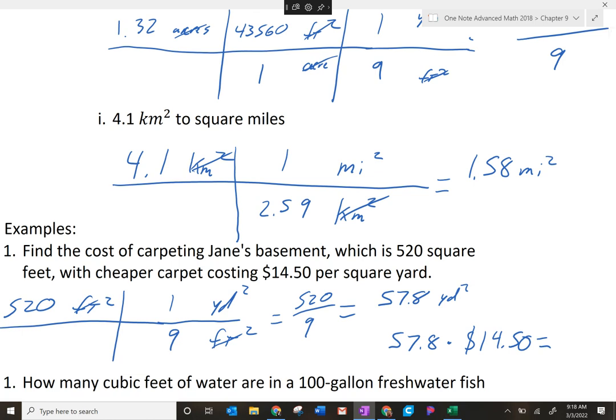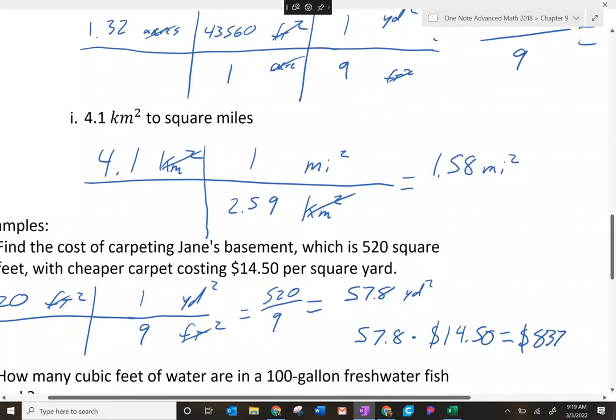And I should come out to $837.78. Make sense-ish? Okay.